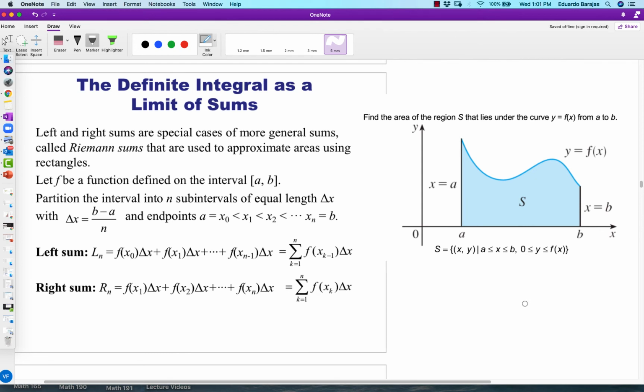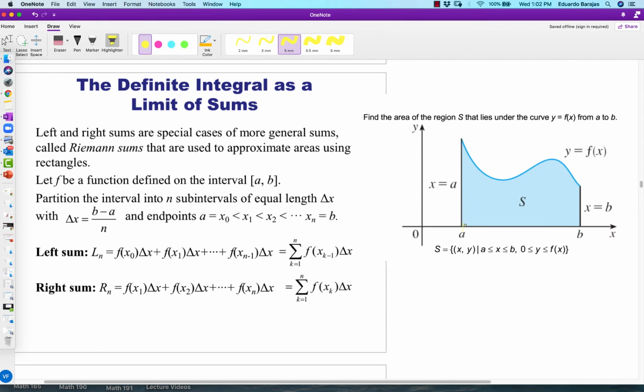So the general process we're going to do is to come up with an equation that gives us the sum of the first n rectangles using either the left rule or the right rule. So we're going to begin by taking our interval from a to b.